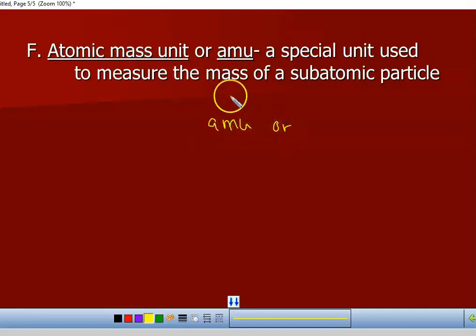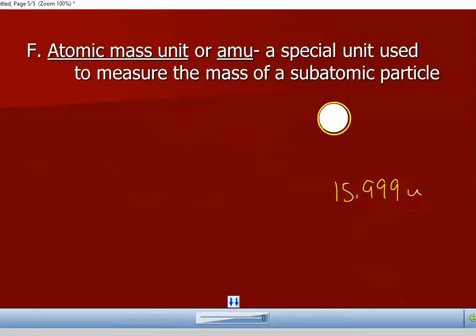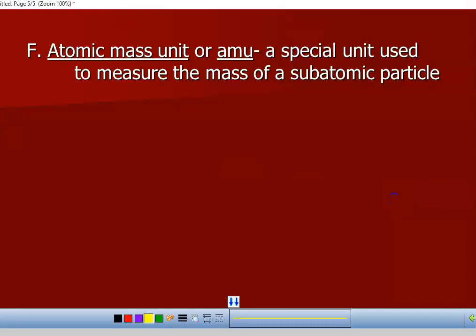They have an abbreviation for this abbreviation. So sometimes it's just the letter U. So as you're reading a problem, you'll see maybe 15.999 U. That is atomic mass unit as well. AMU, Dalton, all the same thing. It is just your protons and neutrons added together.